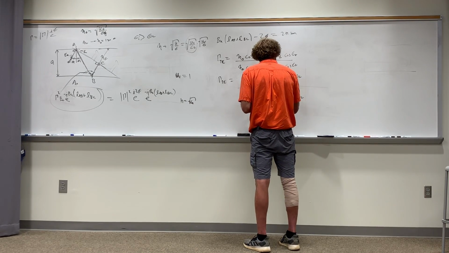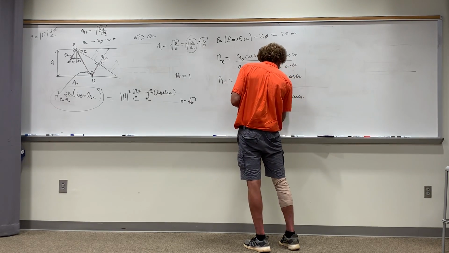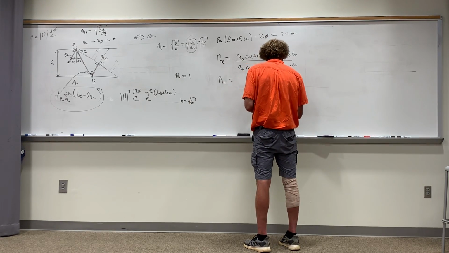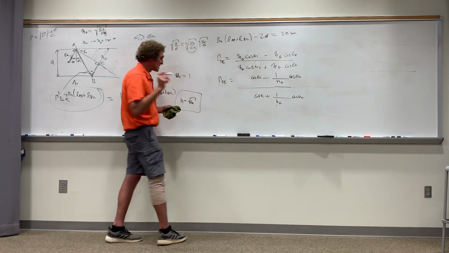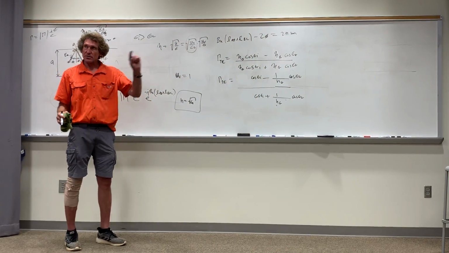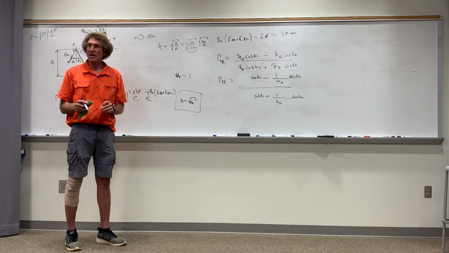So now I'm just going to put n of the guide. That is the index of refraction. Remember, the index of refraction, the symbol is the small letter n, and it's equal to the square root of epsilon relative of that material, people.